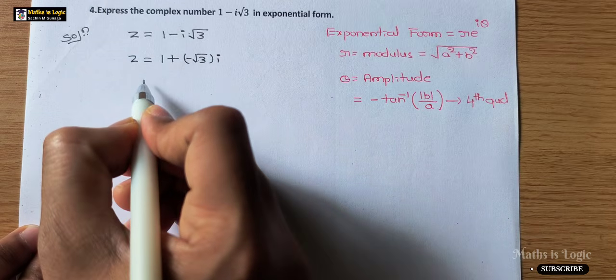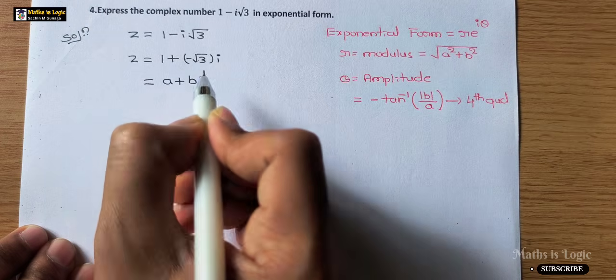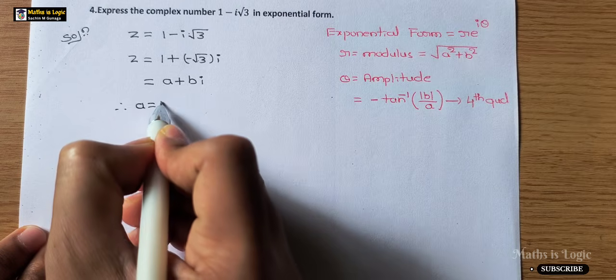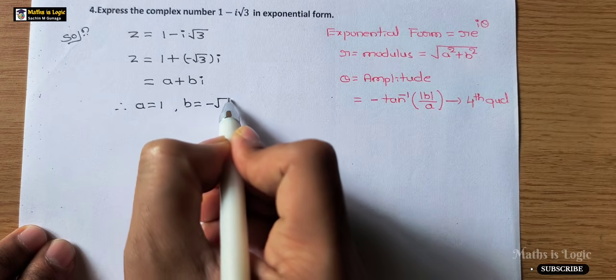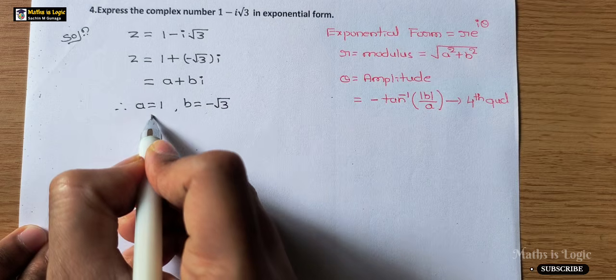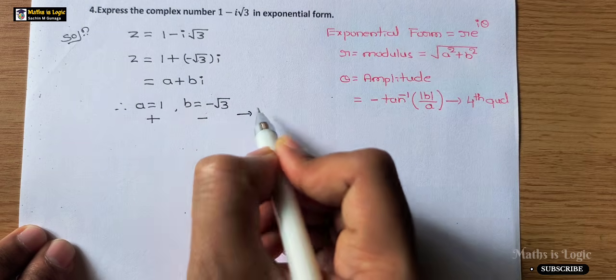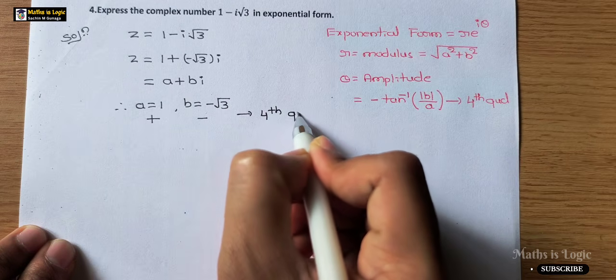After rewriting this, compare with the standard form a plus b into i. Therefore, a value becomes 1 and b value becomes minus root 3. We know a is positive, b is negative. So this means this given complex number comes in which quadrant? Fourth quadrant.